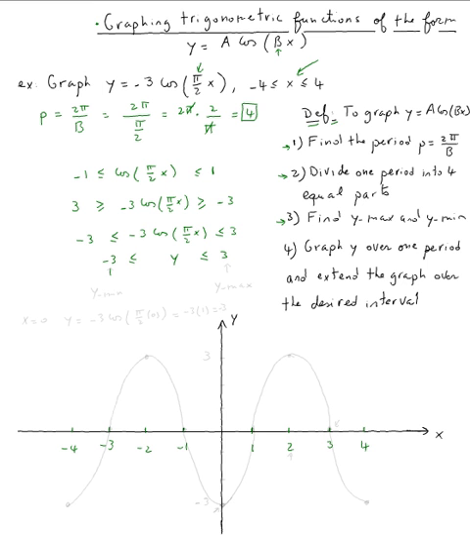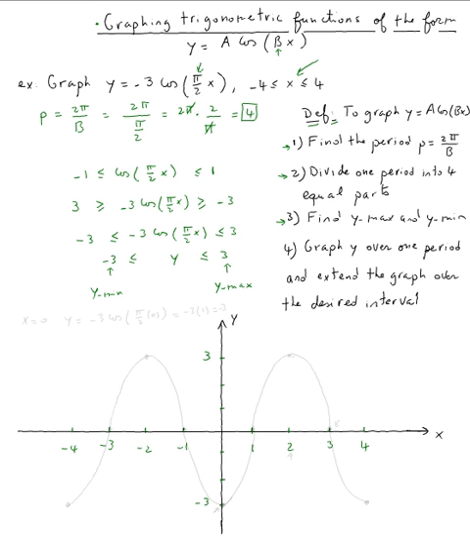This is my y min, the smallest y value, and this is my y max. So my y min is -3. So y max is 3, y min is -3.